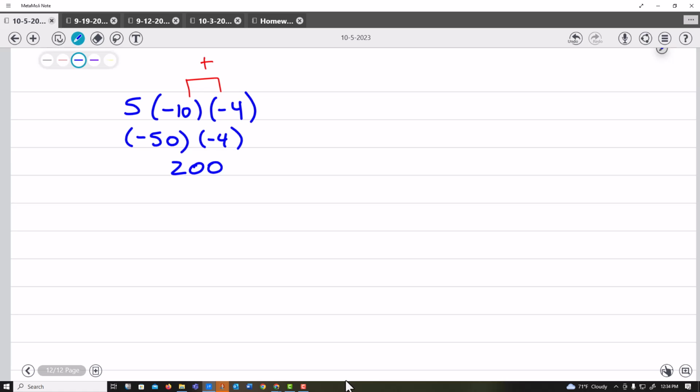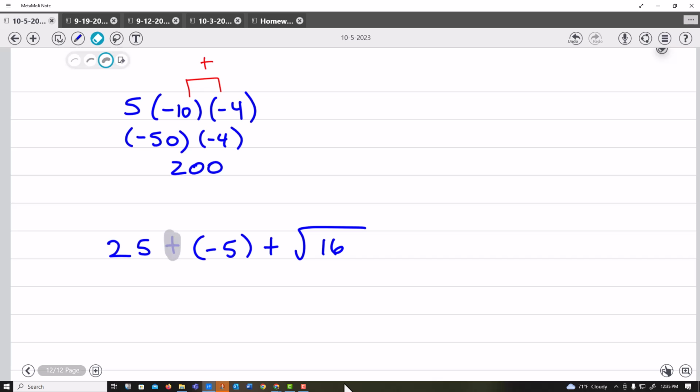That's getting towards the end. I've done prime factorization. Oh, I see something with a square root. So let's say you have 25 divided by -5 divided by the square root of 16. Oh, that's a division, actually. It's my bad eyesight.